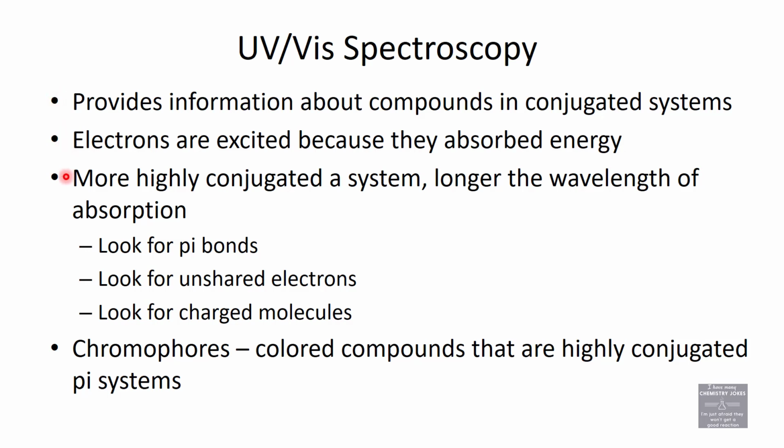What can you deduce from lambda max values? The more highly conjugated a system is, the longer the lambda max is going to be. So eventually, if the lambda max gets long enough, you could have a lambda max between about 400 and 700 nanometers.